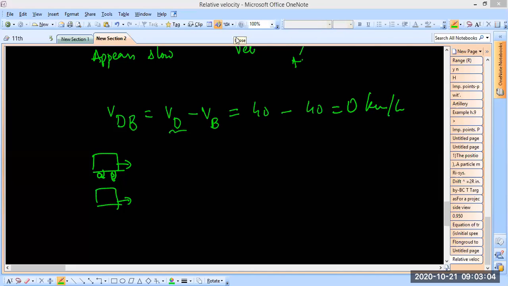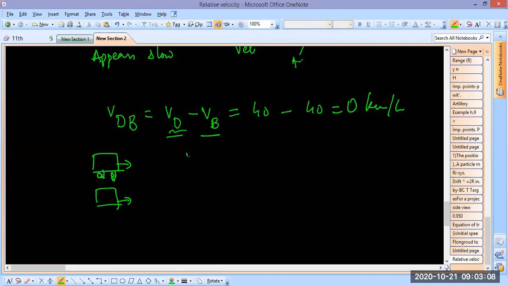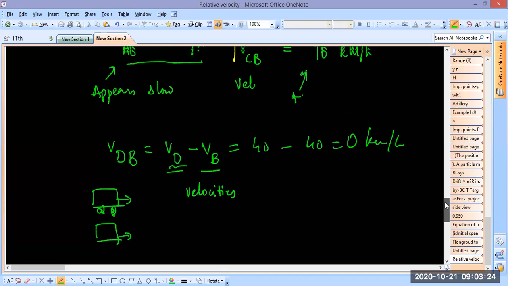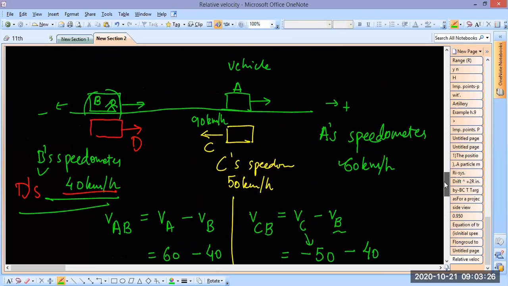So when these two velocities are equal, right? When these two velocities are equal, both observe, Ashish. All this is not imagination, remember. Let me tell you that, everyone.